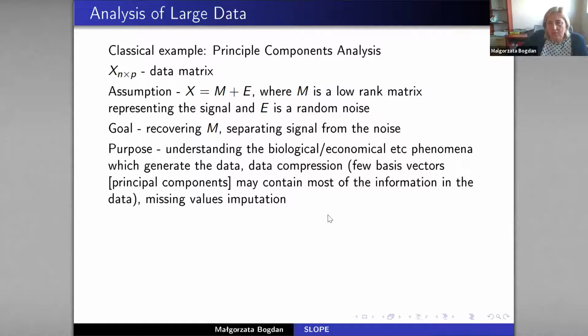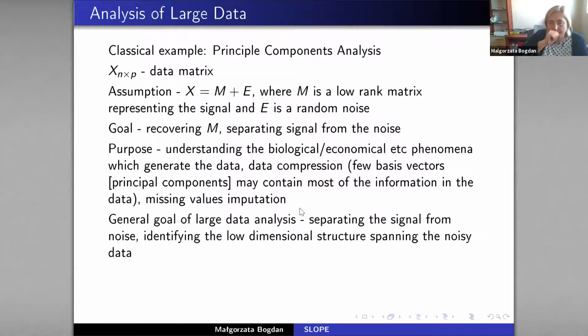You might reduce the data by saving only the information contained in the principal components. Also, in some cases, we use such a dimensionality reduction to impute missing data. So this is the general goal of large data analysis. We want to separate the signal from noise. We want to identify low dimensional structures which span the data which are noisy.